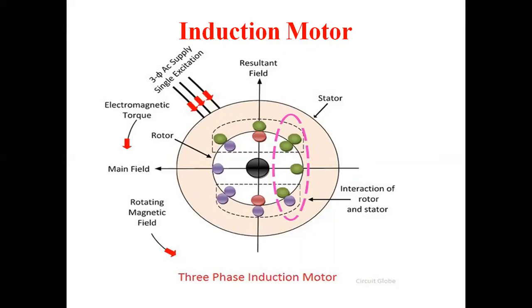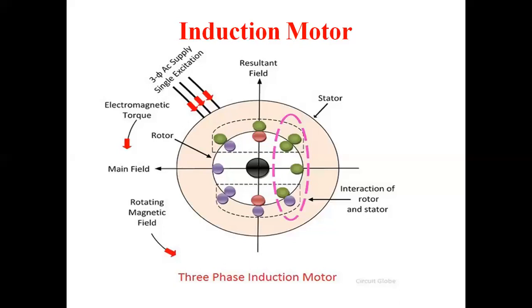Rotor conductor cuts the revolving magnetic field, and EMF is induced according to Faraday's law of electromagnetic induction. As EMF is induced in the rotor winding and the rotor is a closed circuit, current will flow through the rotor circuit.